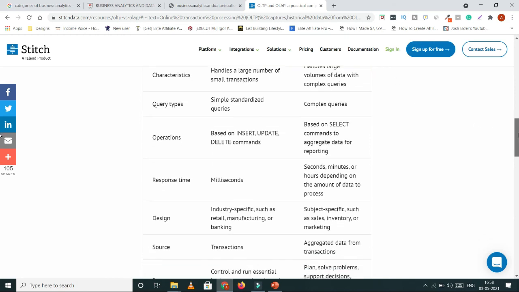As per the demand, OLTP is industry specific, such as retail, manufacturing, and banking. OLAP is subject specific, such as sales, inventory, and marketing. Sources: OLTP is mostly used for transactions, and OLAP is mostly used for aggregated data from transactions.